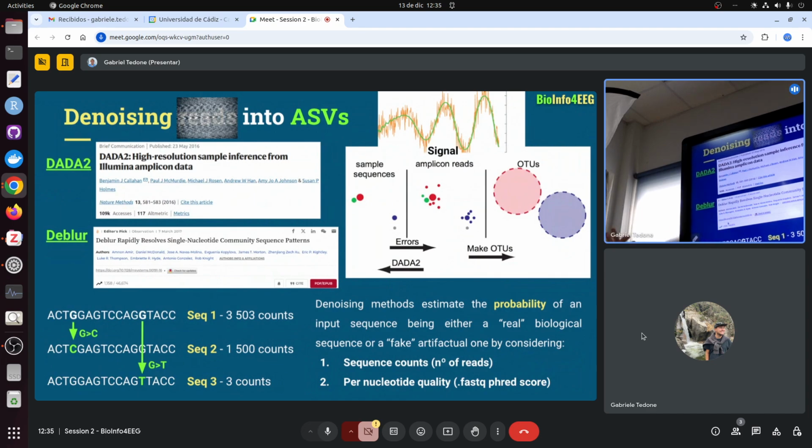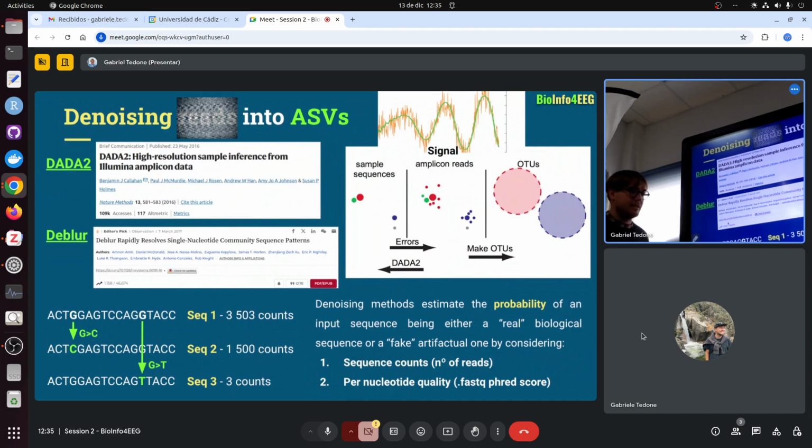Denoisers take into account sequence counts, how many times the sequence happens in the data set, and also, not shown here, the inherent quality of each of these nucleotides. By taking this into account and modeling how errors of PCR and errors in sequencing happen, they can infer that this sequence is, most probably, with a super low p-value, a PCR product of the technique.